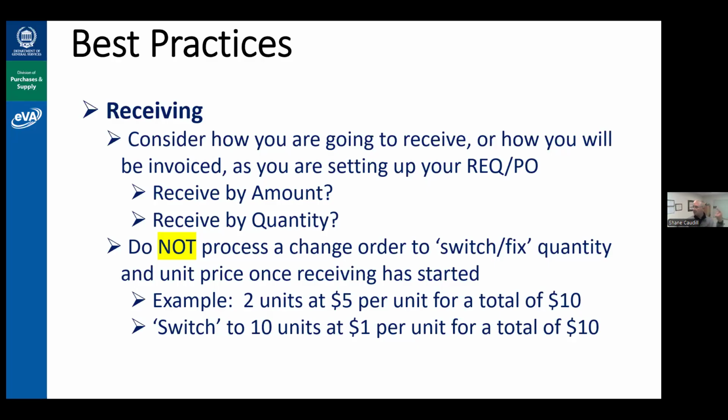When you change those units and unit price between order versions in the change order process, the system whacks things out big time, particularly if receiving has been done. So again, just a tip and best practice to reinforce.